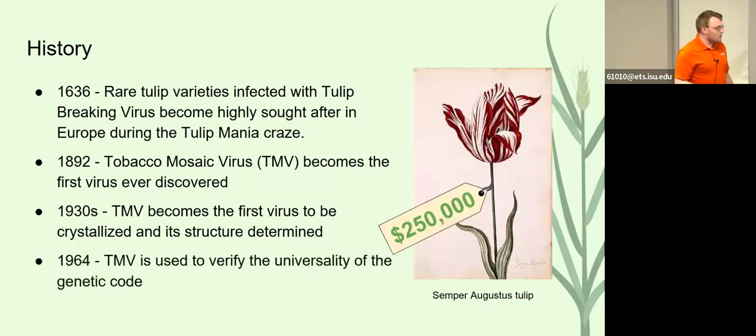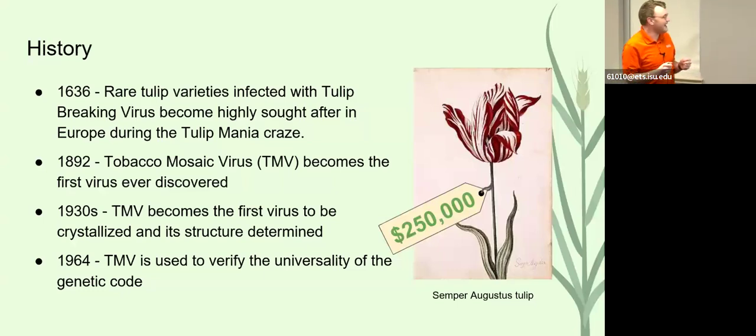Then in 1964, tobacco mosaic virus again was used to verify the universality of the genetic code. What we mean by that is, you know your codon charts from genetics? Everyone's like, oh boy, genetics. Why? Genetics is so much fun. What they were talking about here is that all cells, with some exceptions, use that same genetic table to read their DNA and read their RNA to make proteins.